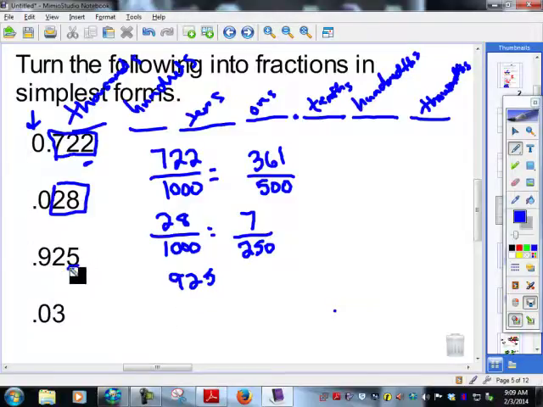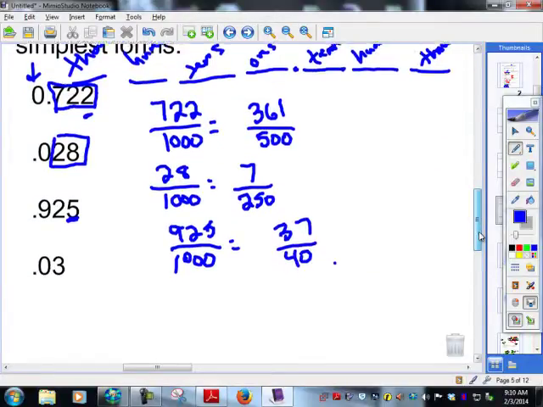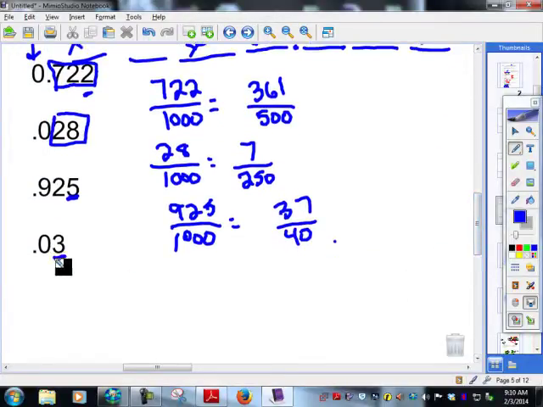This 5 has thousandths. 925 thousandths. What does this simplify to? 37 40ths. Okay? And then here, I just read what I see. That's 3. What place value does the 3 have, Grant? So this is just simply 3 hundredths.